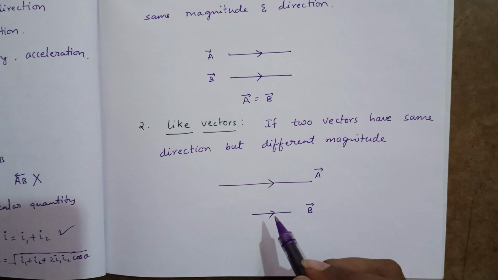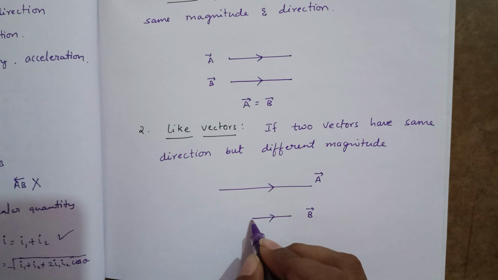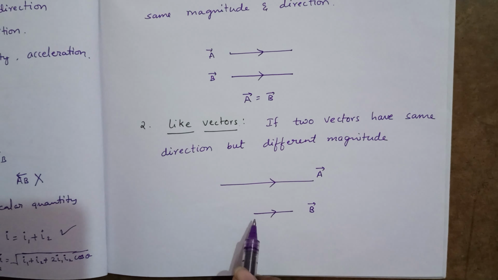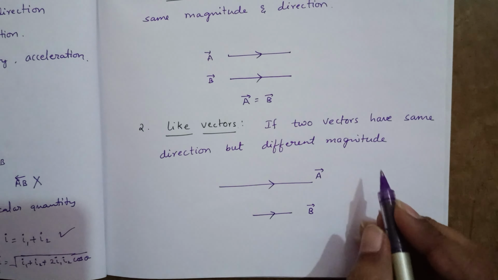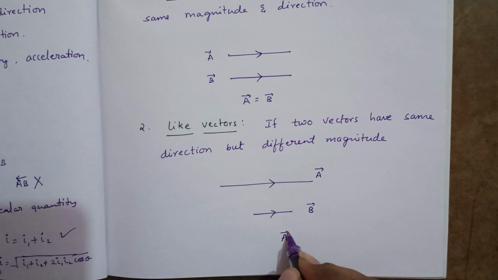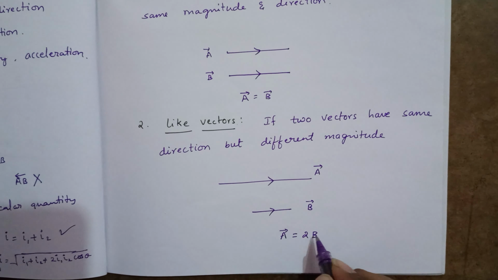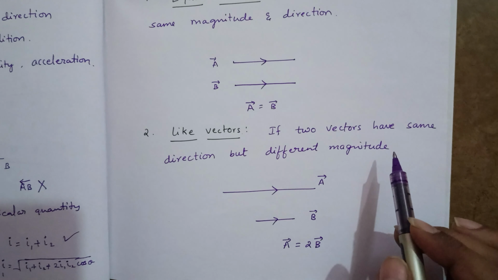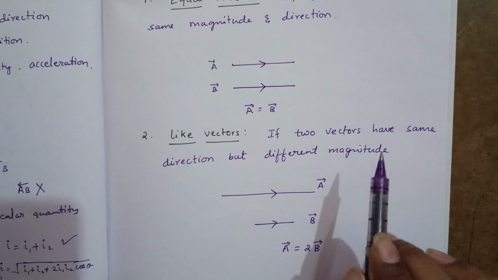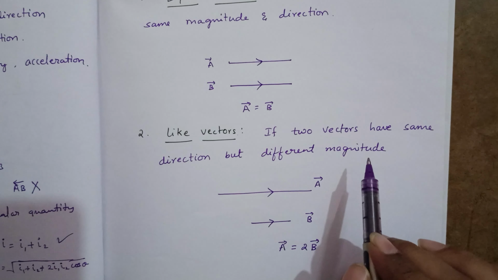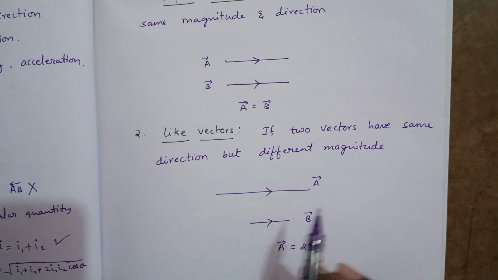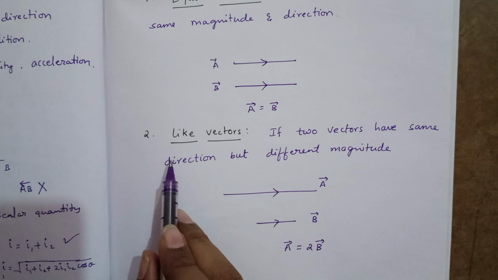Here B bar is exactly half of the A bar length, so we can write A bar is equal to 2 B bar.